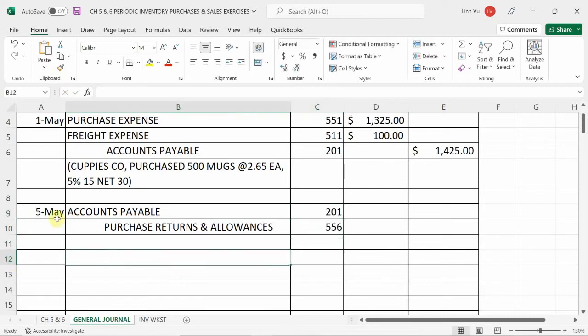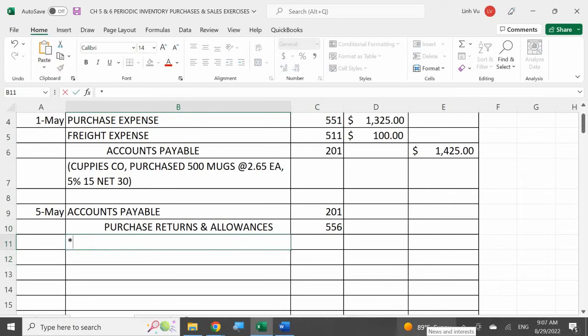Now, if I'm returning 15 broken mugs, at what price are my mugs right now? What did I buy my mugs at? $2.65 each. And what are you getting? You're getting a full refund.